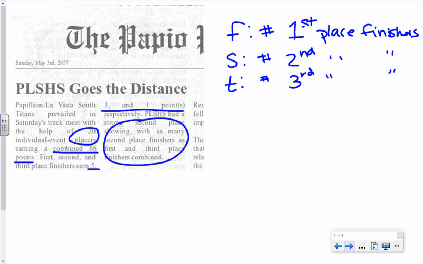These represent finishers. 20 finishers. So first place finishers plus second place finishers plus third place finishers should equal 20 total finishers. Okay. All right. 68 combined points. We need to look for information based on points. What do we know about point values from the article?